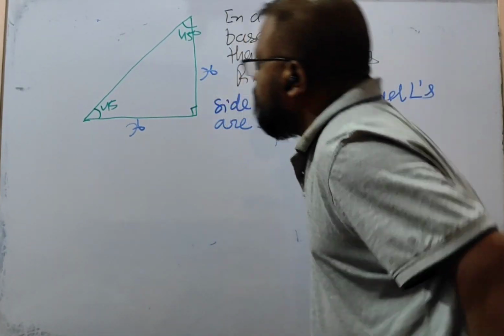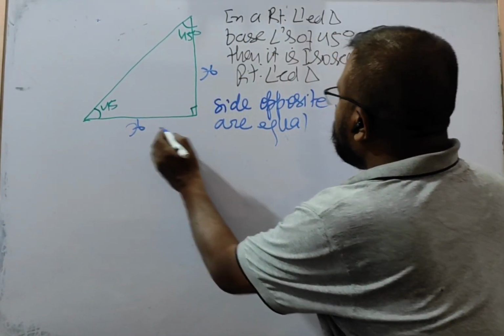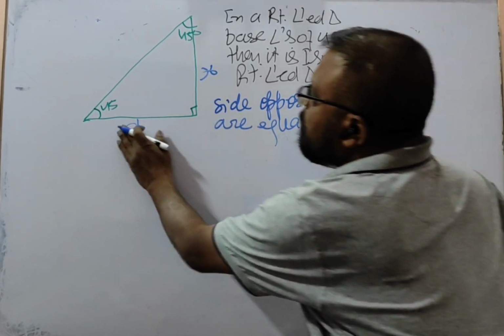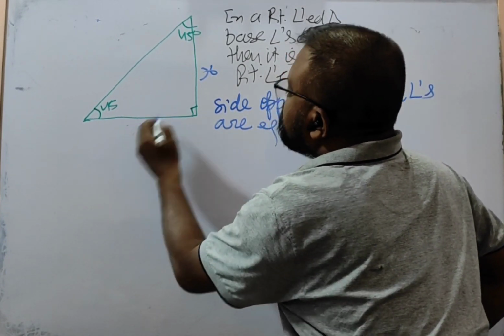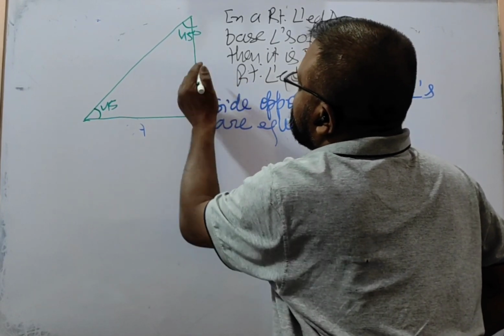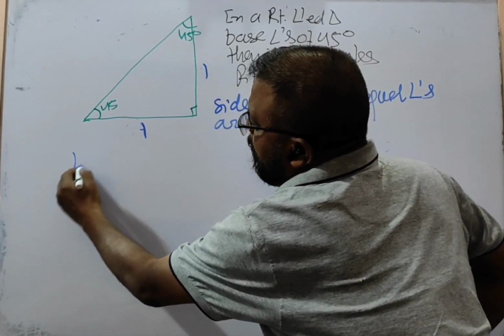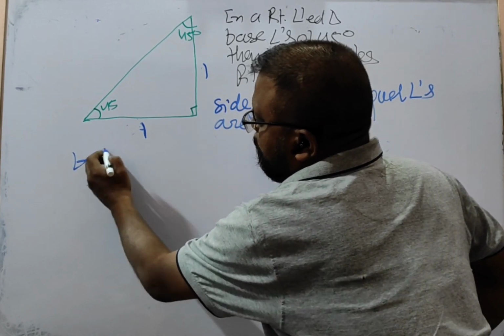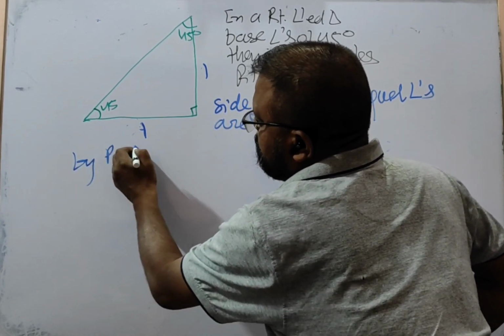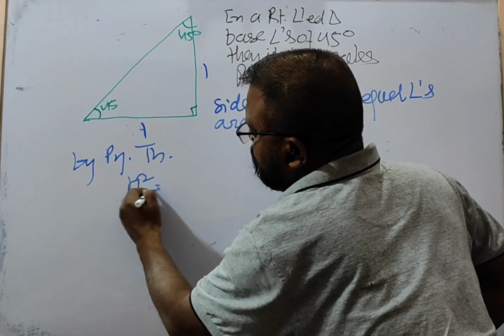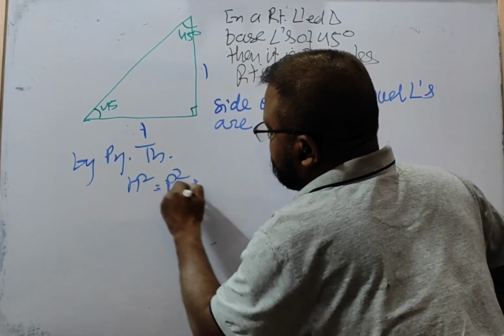If I take x is equal to 1, so sides opposite to equal angles are equal. So this is 1, this is also 1, right? So by Pythagoras theorem, hypotenuse square is equal to perpendicular square plus base square.